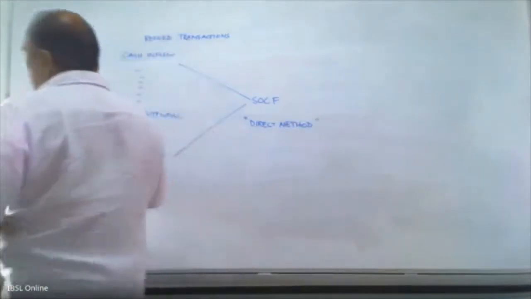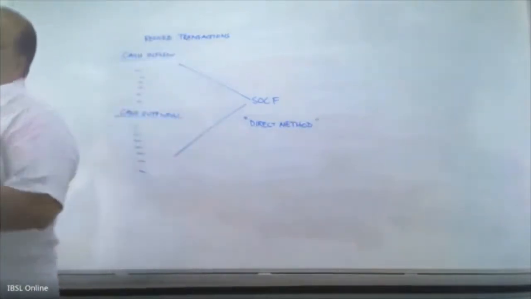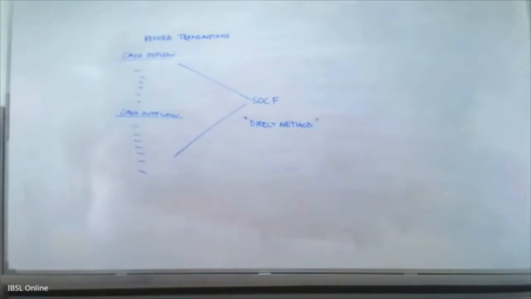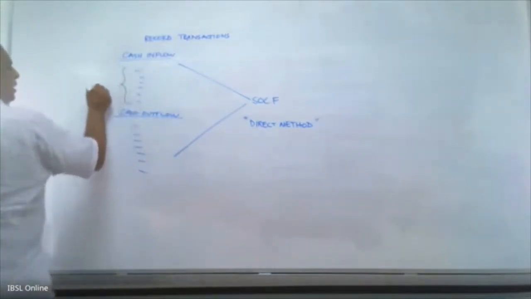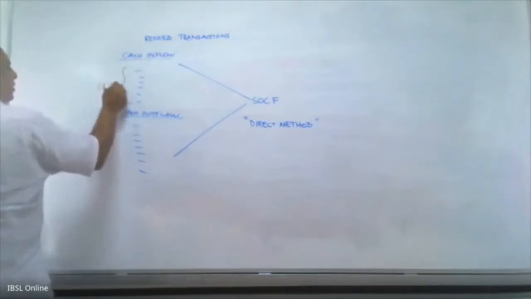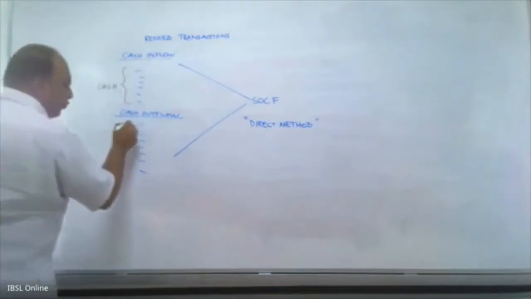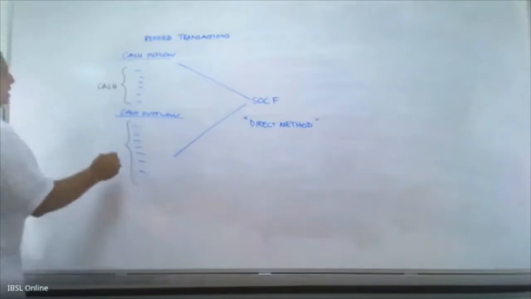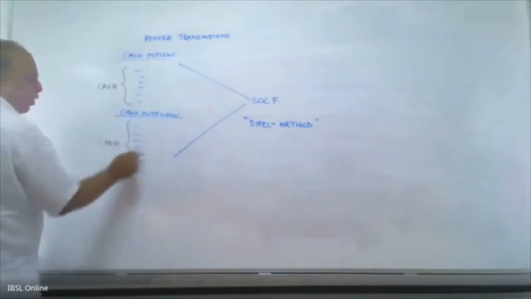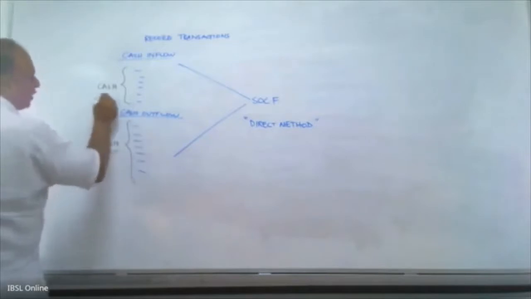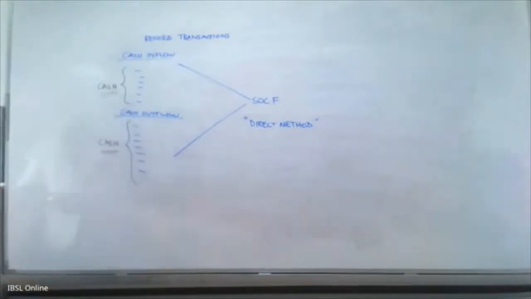This is something very difficult to do in a business context, that is identifying each and every transaction which has resulted in cash, and similarly each and every transaction which has impacted as a cash outflow.